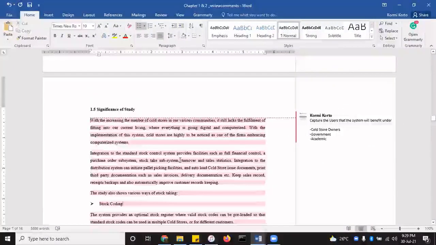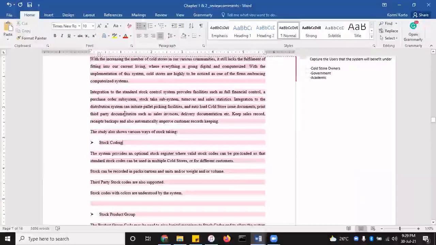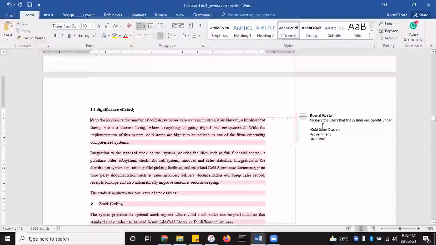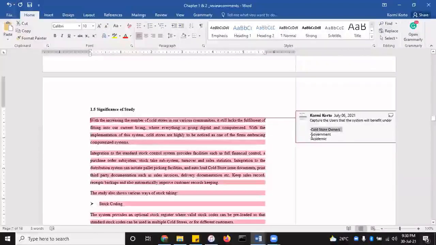Maybe this guy didn't get my template. So the stakeholders should have been the cold store owners. That's the first one: organization, government, and then academia, or academia and government, however you want to arrange it. But the organization part is the cold store owners. They are going to benefit from the system.